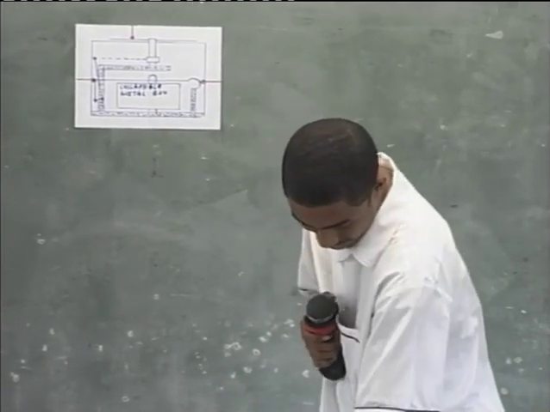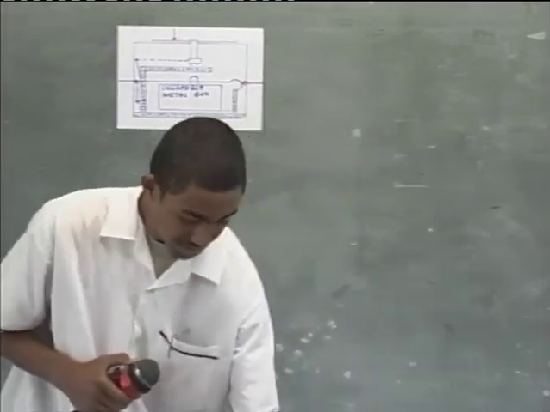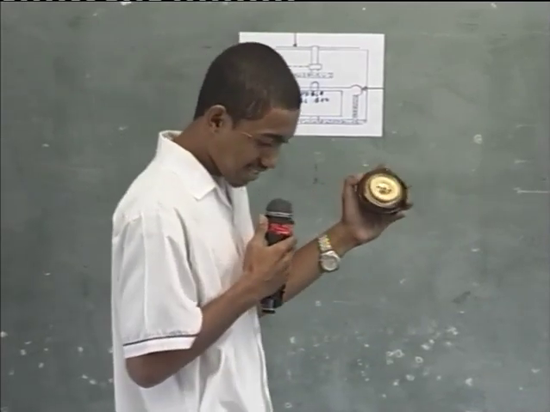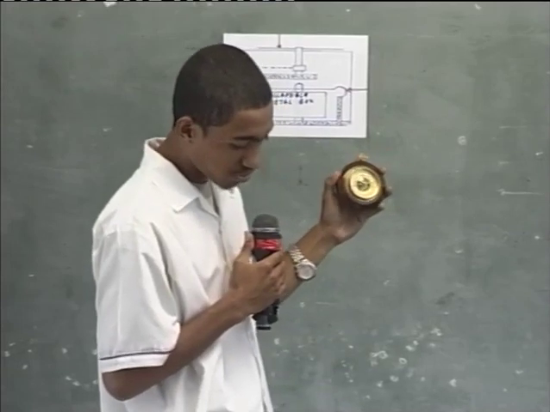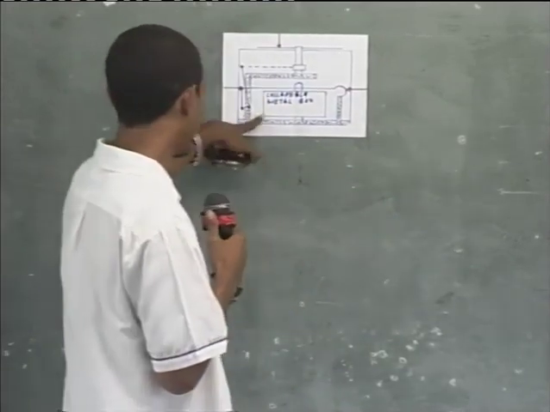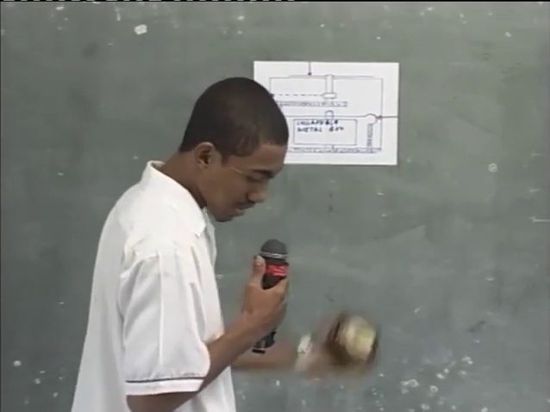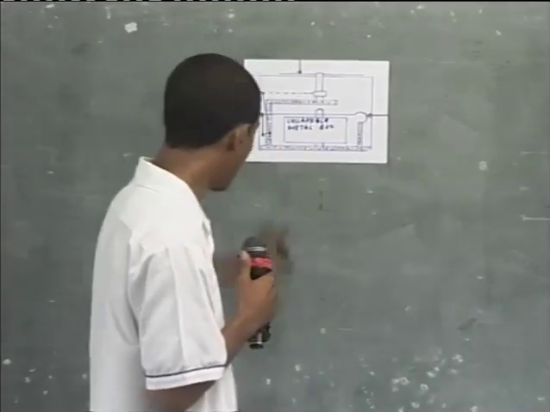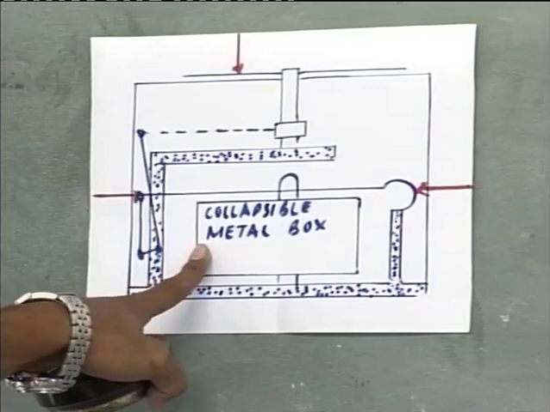I'll be talking about the aneroid barometer. This is an instrument called the aneroid barometer. The main part of this instrument consists of a small metal box, and this is a sectional diagram of the aneroid barometer. This small metal box contains very little air inside.